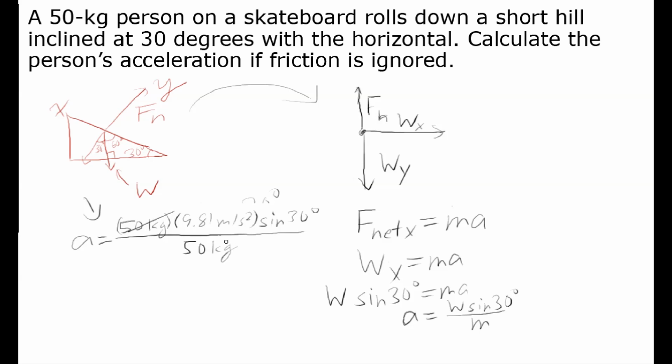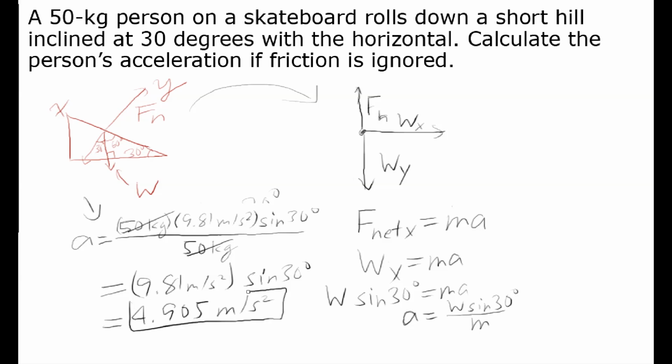So we will cancel the 50s over there. Now we are left with 9.81 meters per second squared times sine 30 degrees. Now multiplying that, we will have 4.905 meters per second squared. So here's your answer.